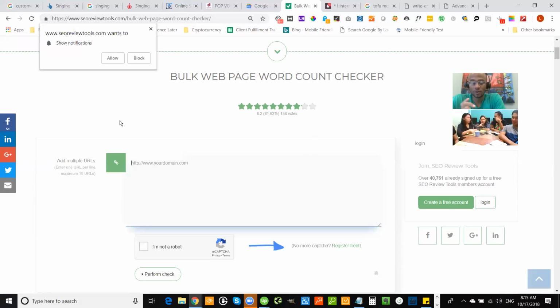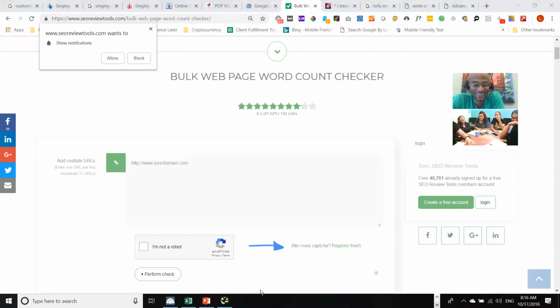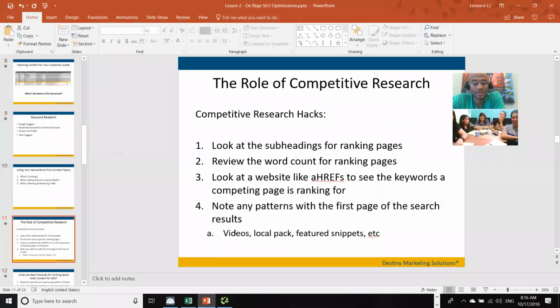So the #1 search result, what is the average word count? 2,400. 2,400. Very good. Very good. Dia, you helped her out. Yeah, so 2,400. Okay. And so that's number 2.